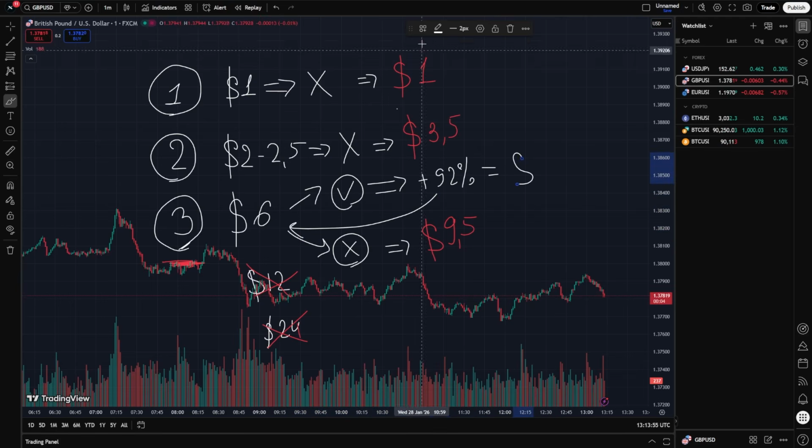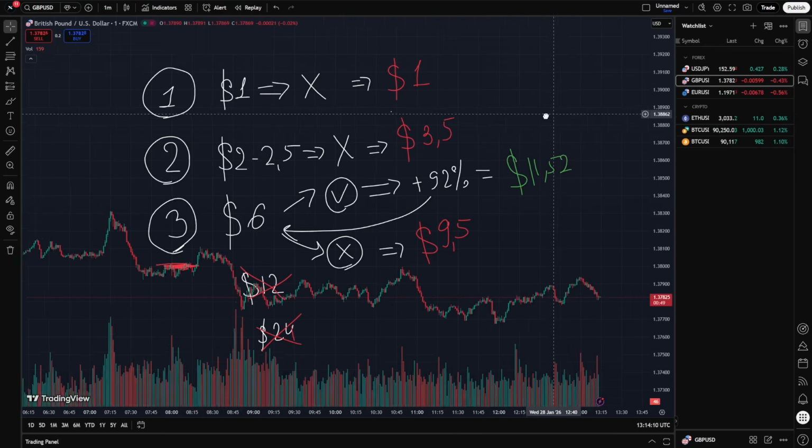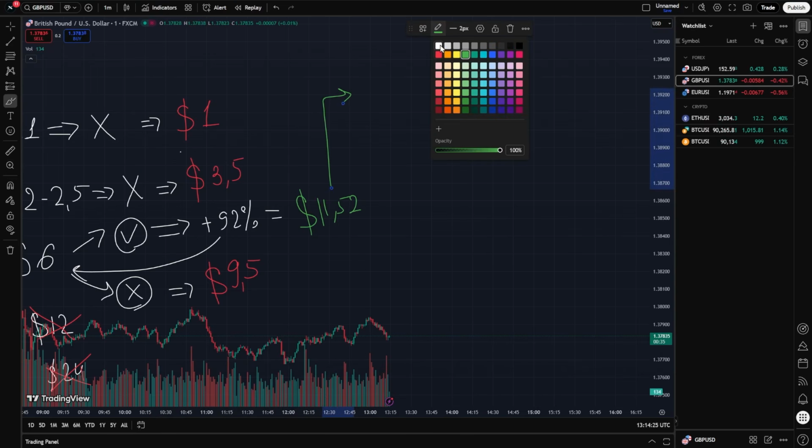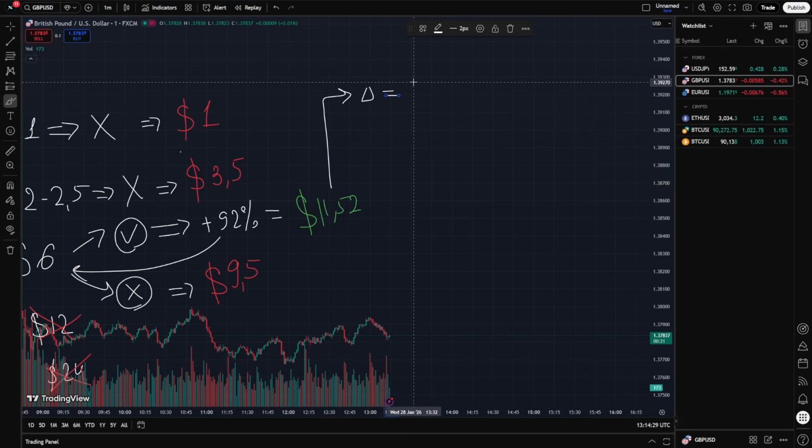The total return will be, let me calculate this. We add 92% to the $6, which gives us $11.52. This is the amount that returns to our balance. Moving forward, how much of this is actual profit? Well, not all of it, because this is essentially the accumulated total. Let's continue calculating. We need to calculate the delta.